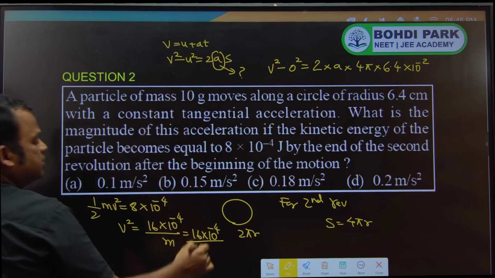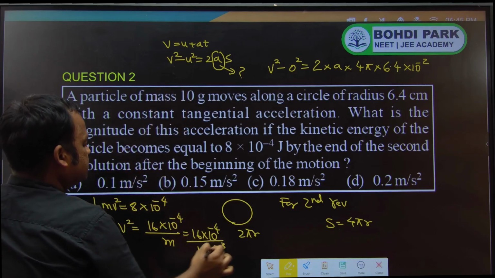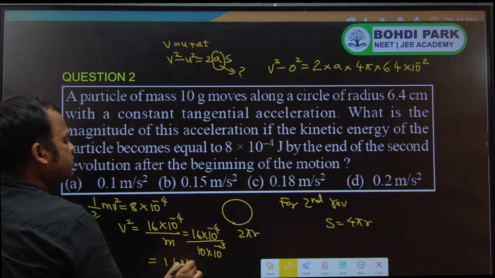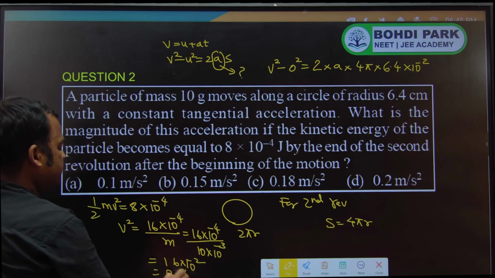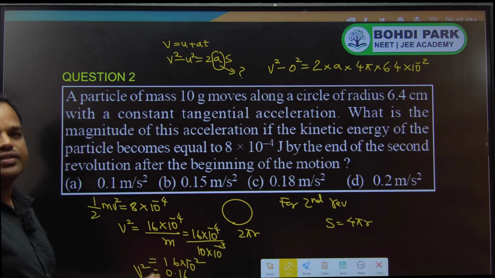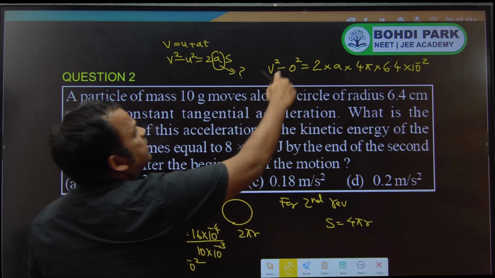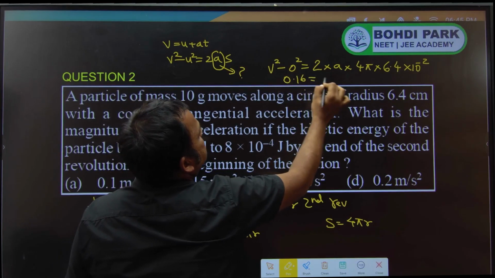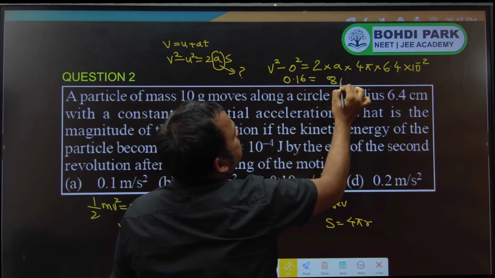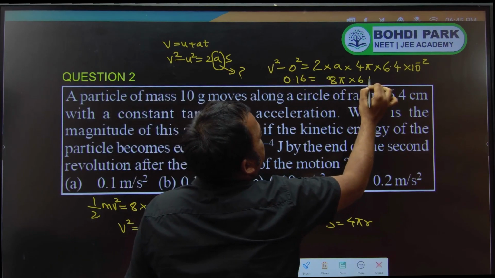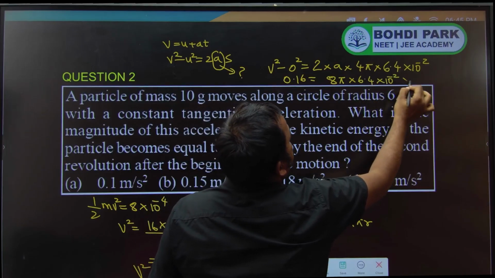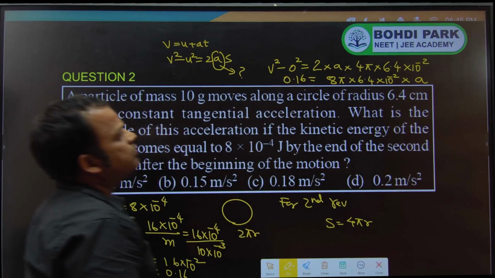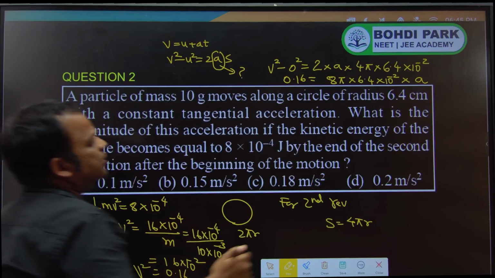M is given as 10 grams, so 10 into 10 power minus 3. So this is 16 into 10 power minus 2, or 0.16. The value of v square is 0.16. So substitute here: 0.16 is equal to 8 pi into 6.4 into 10 power minus 2 into a. So we have to solve this for the value of a.